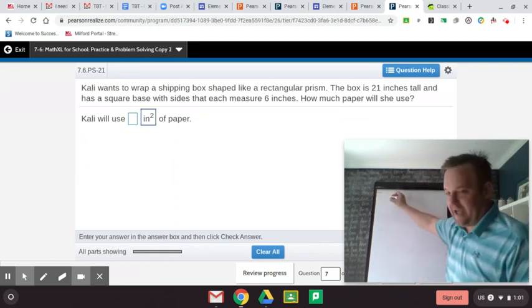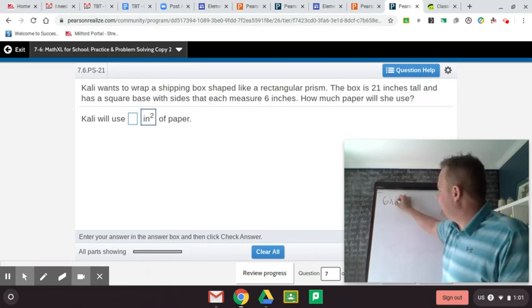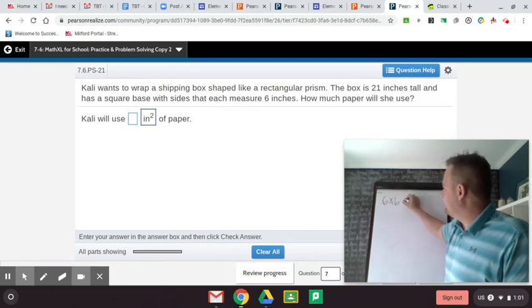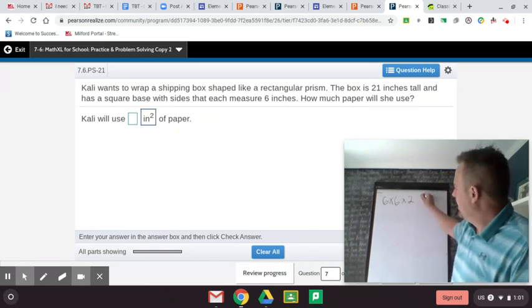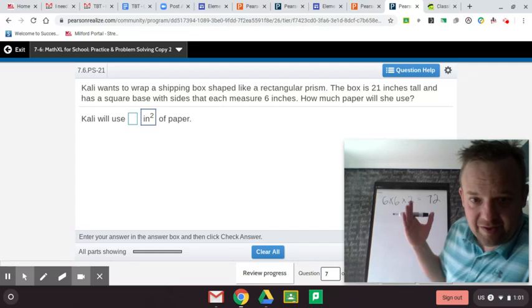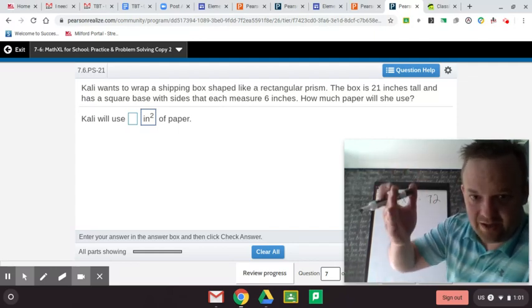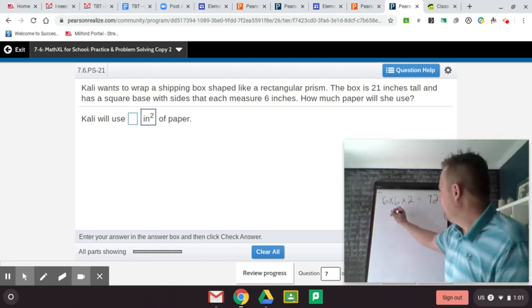So we have a 6 by 6 base, and we have 2 of those. So that's 72. And then we have now a 6 by 21. We have 4 of those.